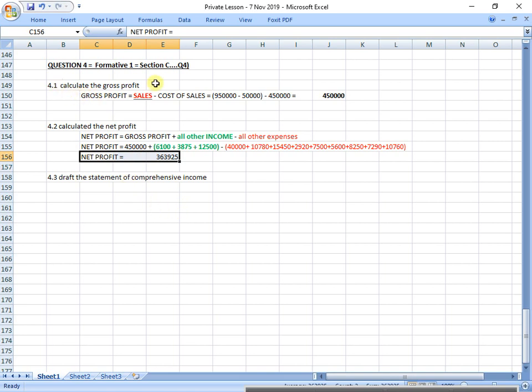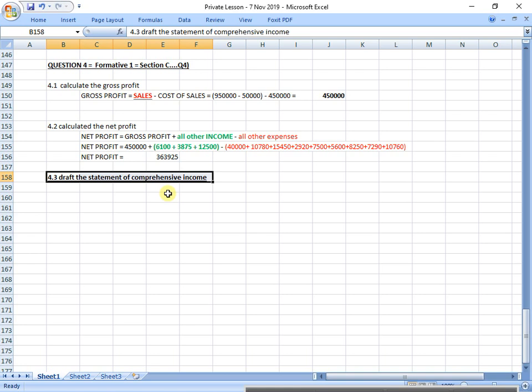Okay, 4.1 done, 4.2 done. 4.3, what must we do? Draft the statement of comprehensive income. You don't really have to study if they give you this format. Do you see it? The format that was given in your question looked as follows. They called it an income statement. It doesn't matter, it's the same thing, just the new name or the old name.